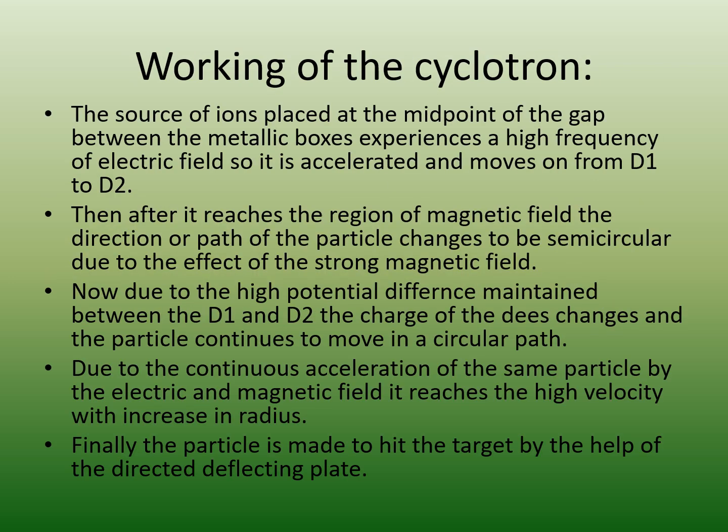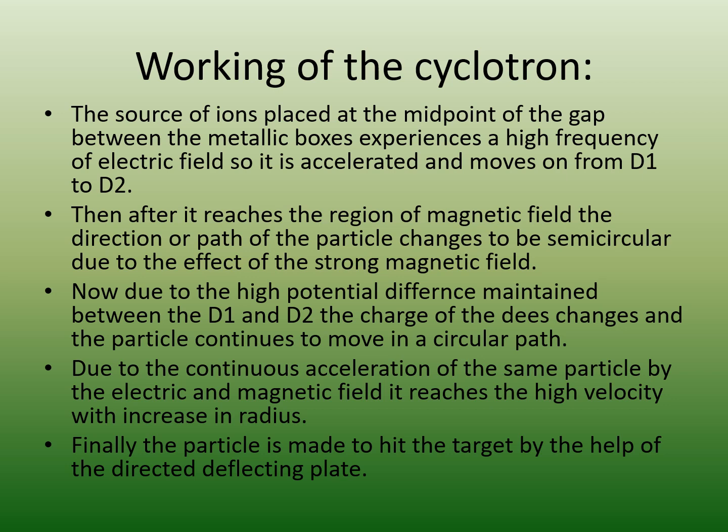Working of the cyclotron. The source of ions placed at the midpoint of the gap between the metallic boxes experiences a high frequency electric field, so it is accelerated and moves from D1 to D2. Then it reaches the region of the magnetic field, and the path of the particle changes to semicircular due to the effect of the strong magnetic field.